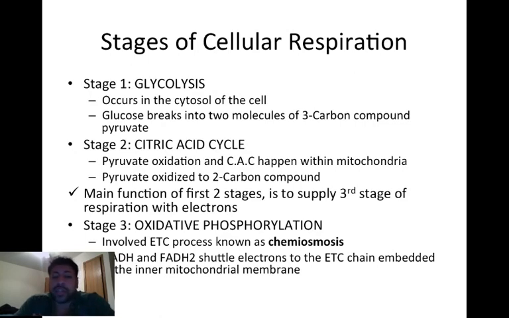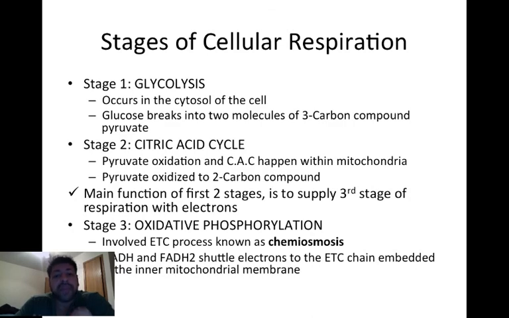And then stage 2, we have the citric acid cycle, which is now occurring in the mitochondria. So pyruvate is oxidized, and the citric acid cycle happens within the mitochondria. And that pyruvate is oxidized ultimately to another 2-carbon compound.